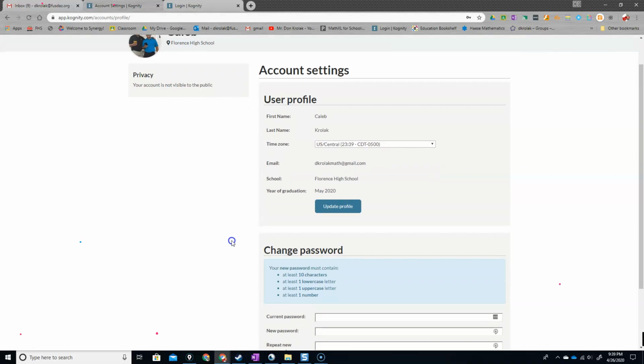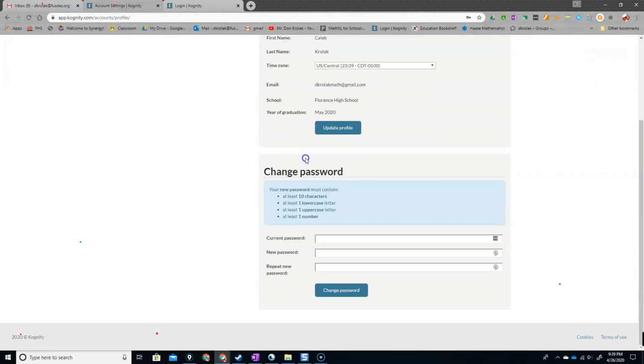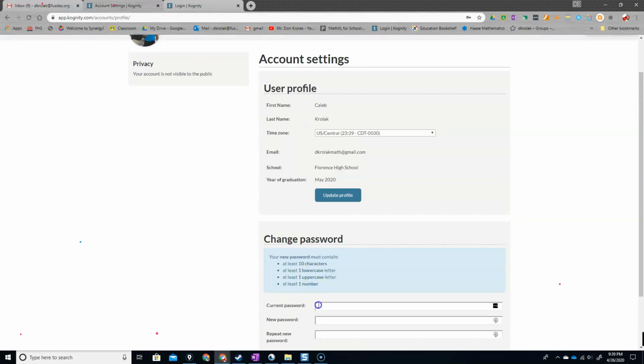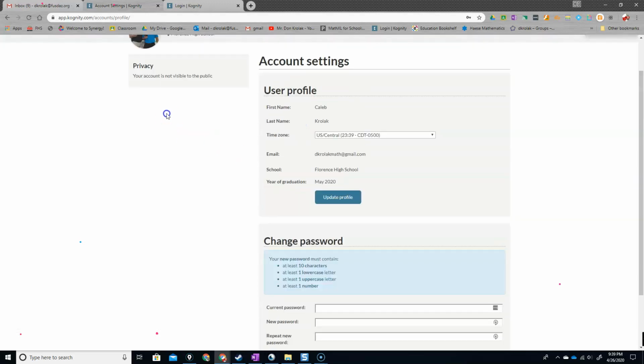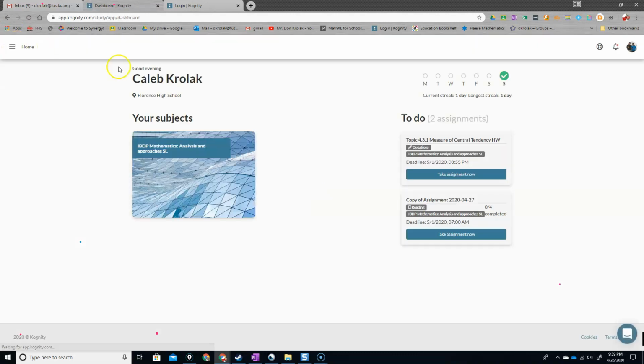But if you do want to change your password, you just click on your icon up here where your name is, and you'll have a profile in there, and there you can change your password if you feel like it. All right, so back to the home here.